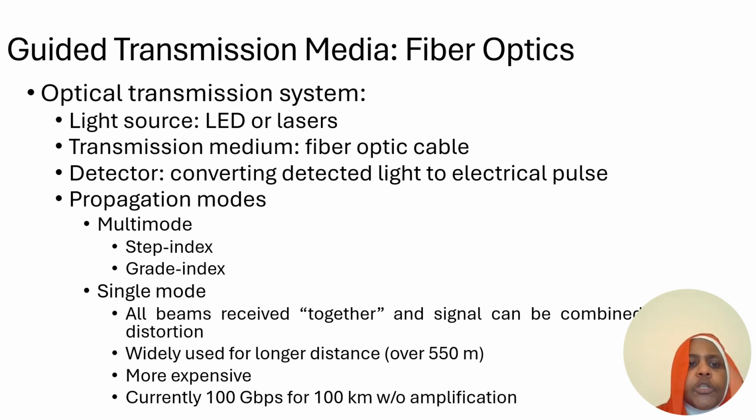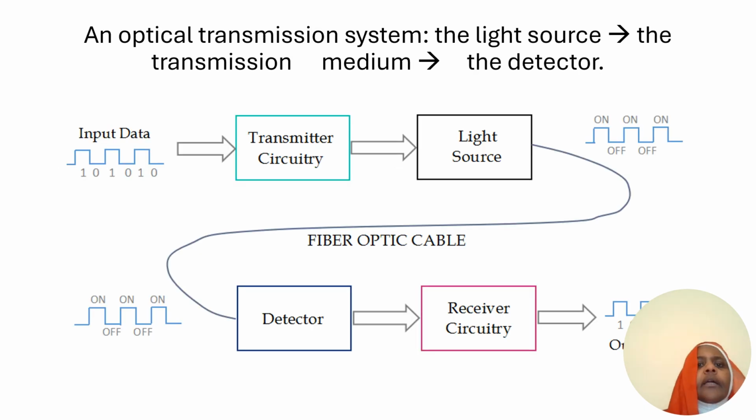The optical transmission system consists of a light source, LED or laser, a transmission medium, the fiber optic cable, and a detector converting the detected light to electrical pulses. The propagation mode can be multi-mode or single mode.